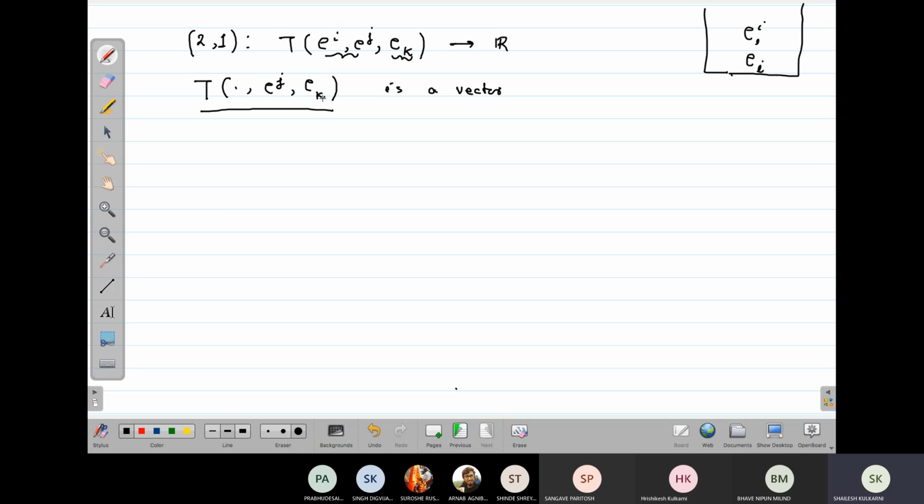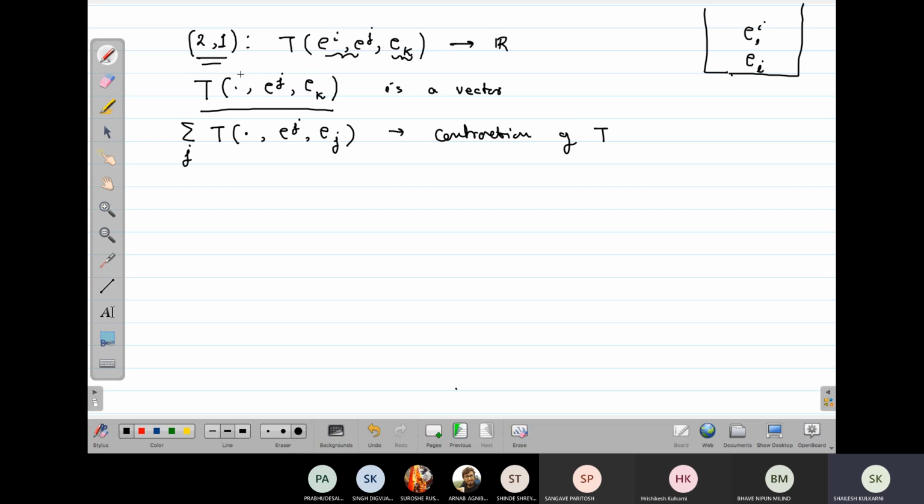Now, instead of writing e_k here, suppose I consider T(·, e^j, e_j), and I will sum over j. This is known as the contraction of T. Your original T is a tensor of rank (2, 1).